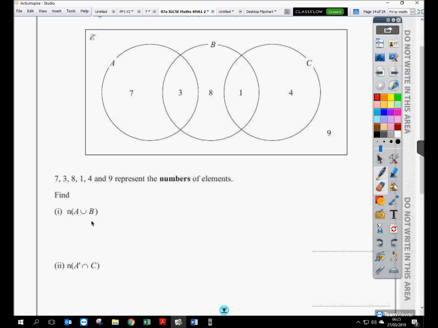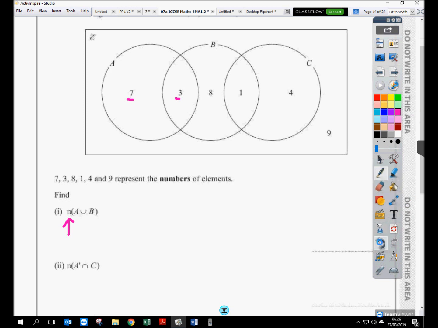So the n in front of the bracket is also very important because it asks you how many numbers are in this section, A union B. So when you see 7, you know that there's 7 in this section and there's 3 in this section and so on.